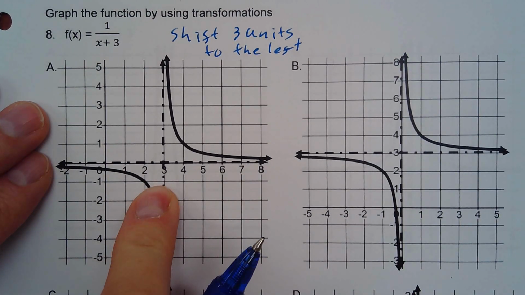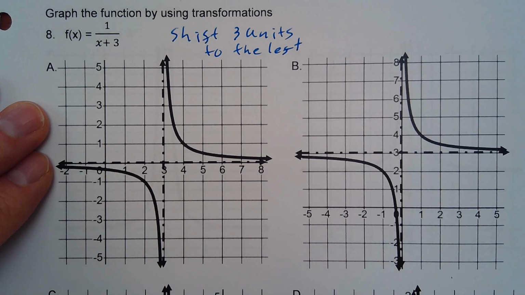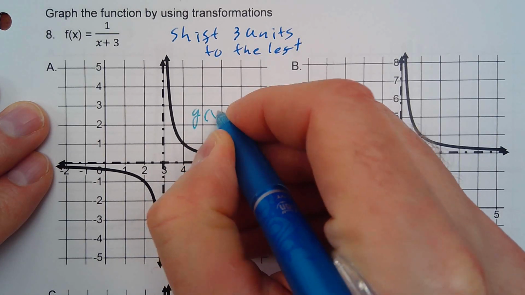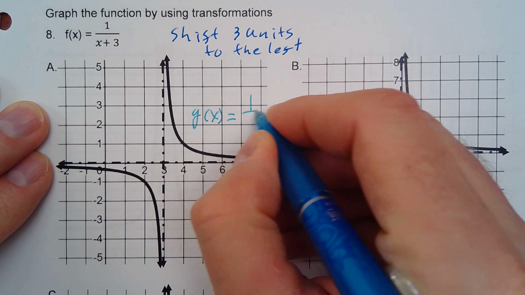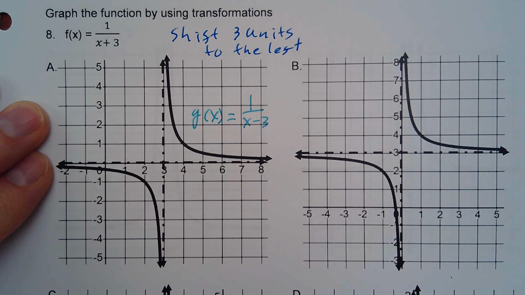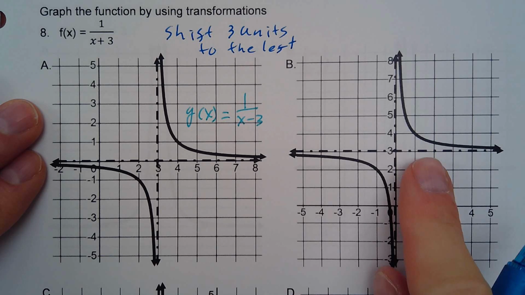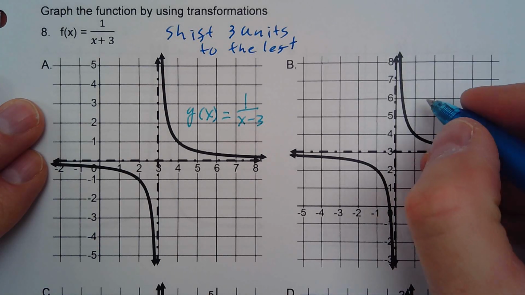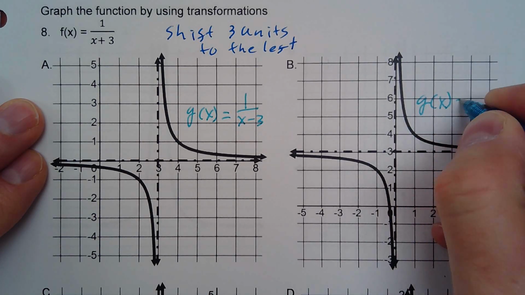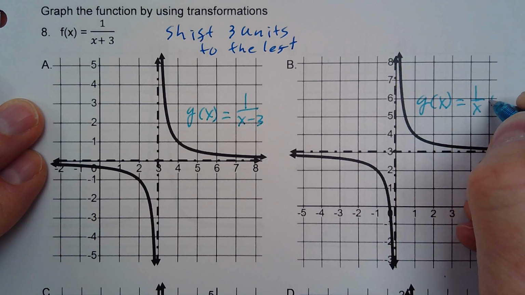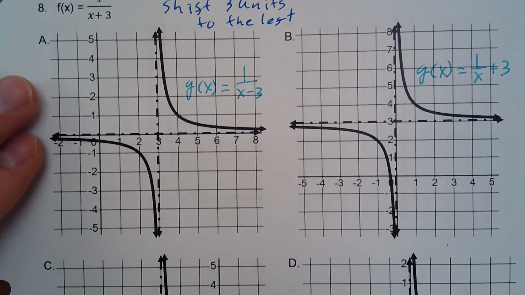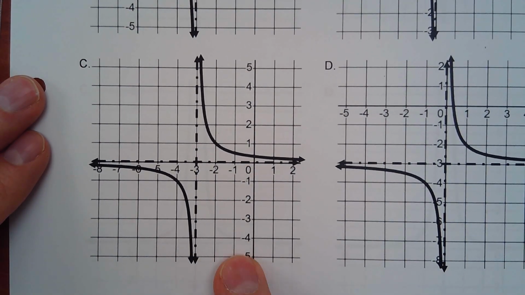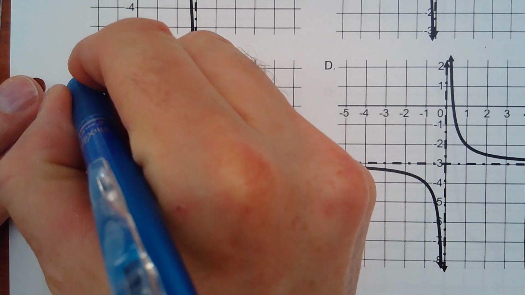Well, this has been shifted 3 units to the right, so actually that would have been if we had g of x equals 1 over x minus 3. This one's been shifted up 3 units, so that's not it. What that equation would have looked like is 1 over x plus 3. Here's our graph that's been shifted 3 units to the left, so it's going to be C.